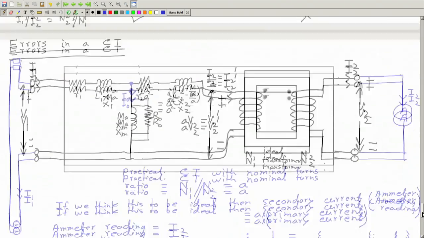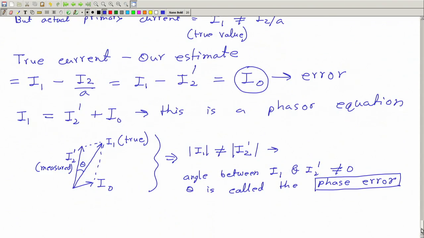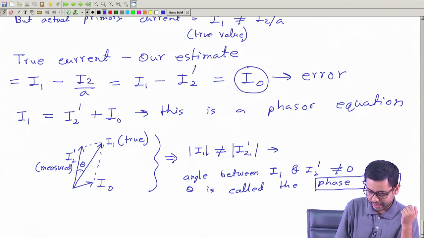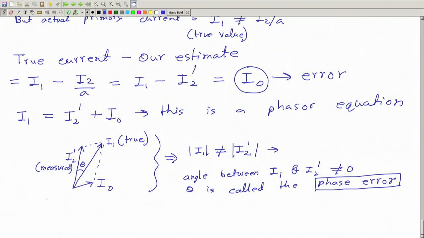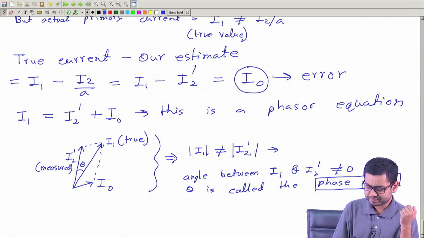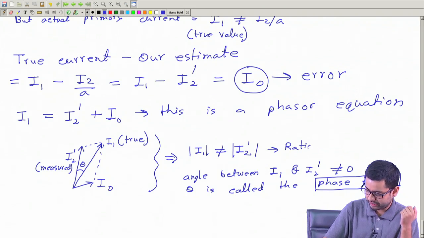There will be a gap between them, and that phase gap, theta, is what we call the phase error. This magnitude is not the same. This you can call the magnitude error. We also call it ratio error.